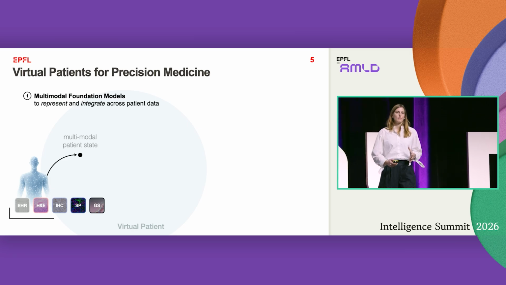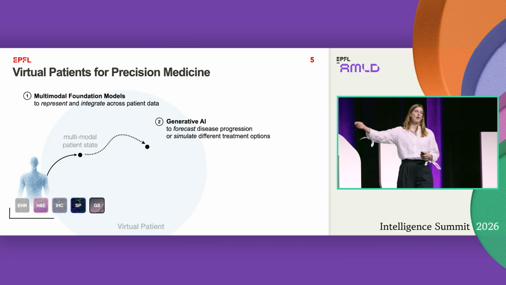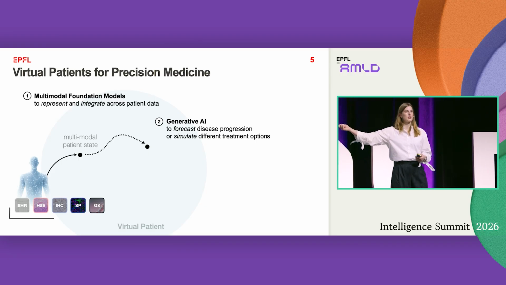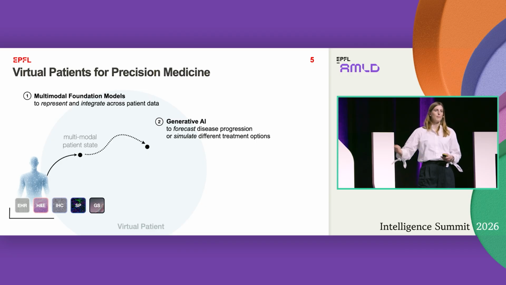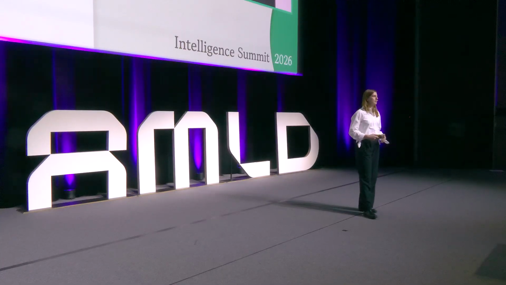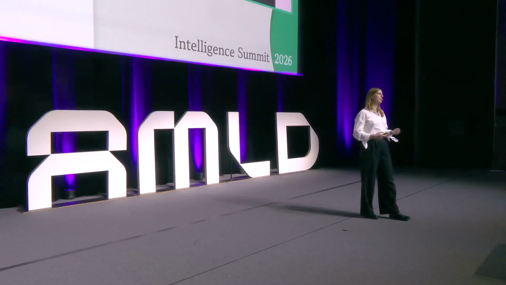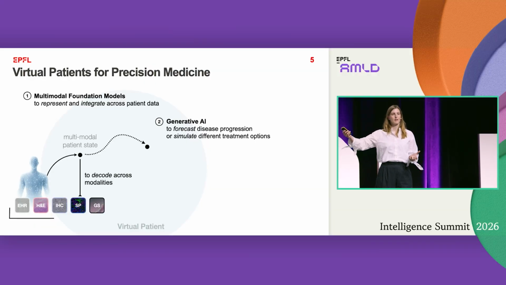From there, we need to use generative AI methods to generate the possible outcome a hypothesis might have, a possible outcome of a therapy that we select, possible understanding of how this disease might progress. We can also use generative AI to connect between modalities, because a healthcare system cannot afford to collect everything from every patient, but maybe models that have seen it all might connect how morphology of a tissue actually connects to a molecular readout.